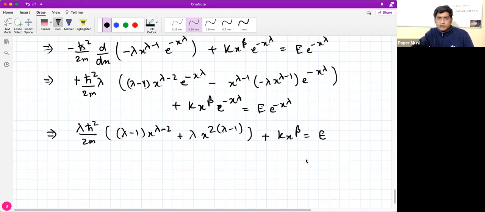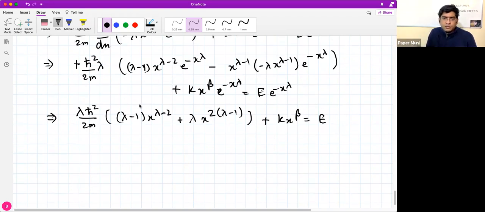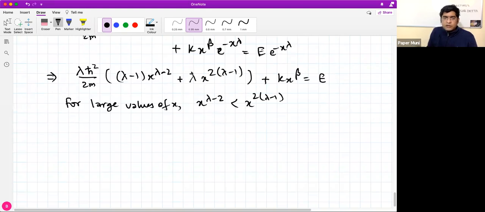Now in this case, we are talking about large values of x. So for large values of x, let's see which term will survive. For large values of x, the term x^(λ-2) is less than the other term, so we can ignore it.